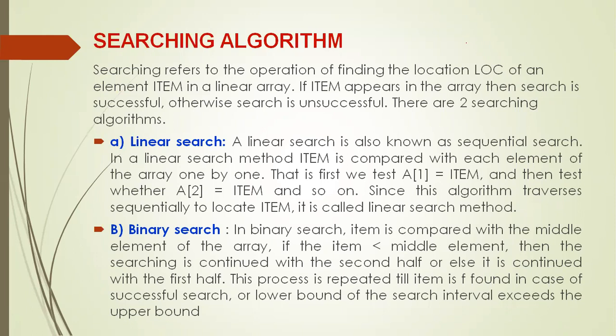Finally, it is compared with AN. If at any position the ith element of the array is equal to item, we say that the search is successful, and that item is found in the array in the ith place. Even after comparing the last element, if the condition ai equals item is not true, we say that the search is unsuccessful. In that case, the search element is not found in that particular array.